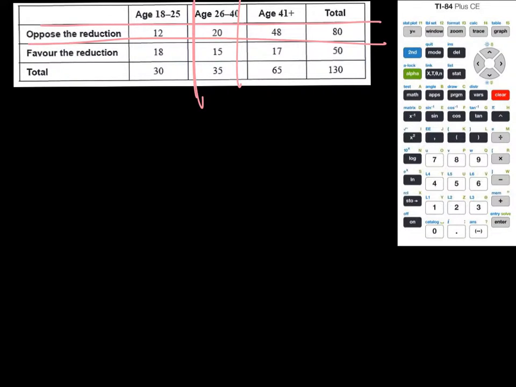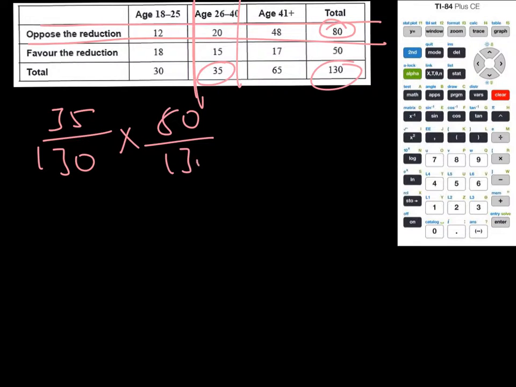So in terms of trying to find the expected frequency, we say what proportion of the population are in this age bracket? And we know that 35, which is the total here, out of the total of 130 are in this age bracket. We then multiply it by the proportion of the total population who oppose the reduction, which is this total here, so 80 again over 130.